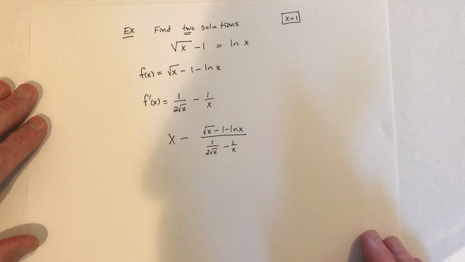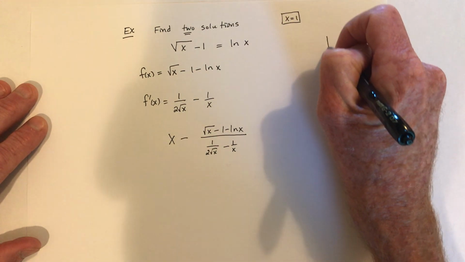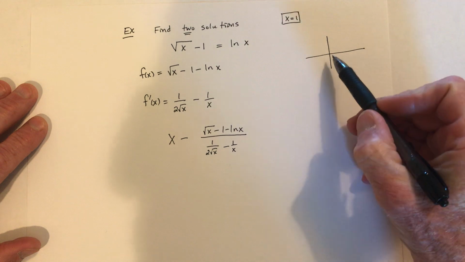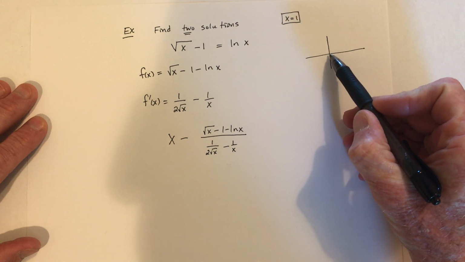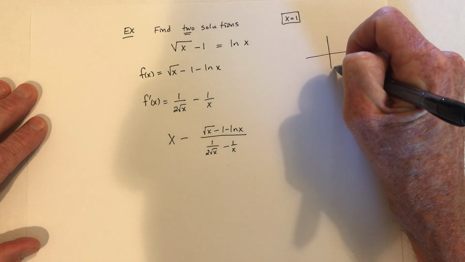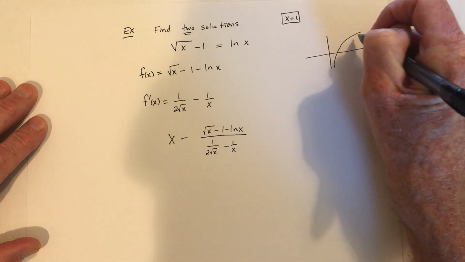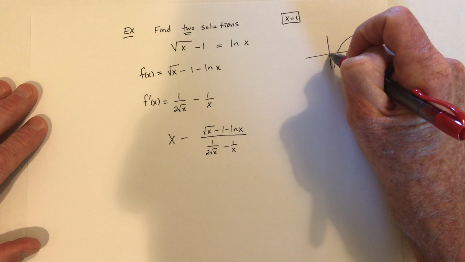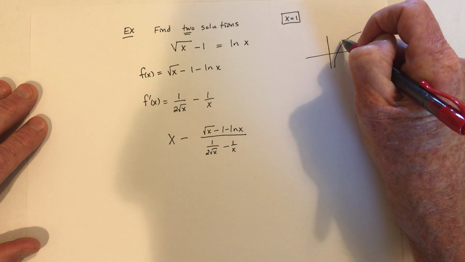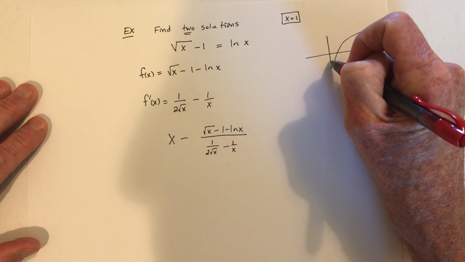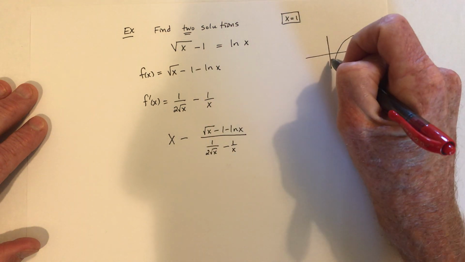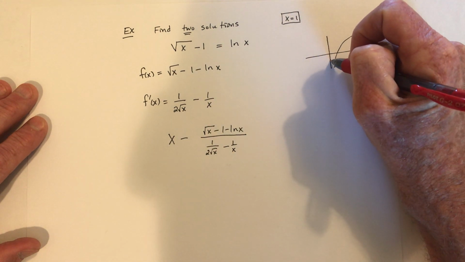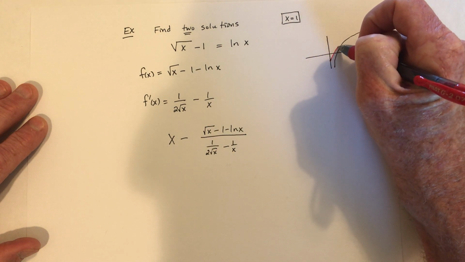Now we need a guess. So let's see. The natural log function looks like this, and it grows fairly slowly. The square root function basically has the same shape like this, but then it's going to be moved down by 1. So it would be like this.